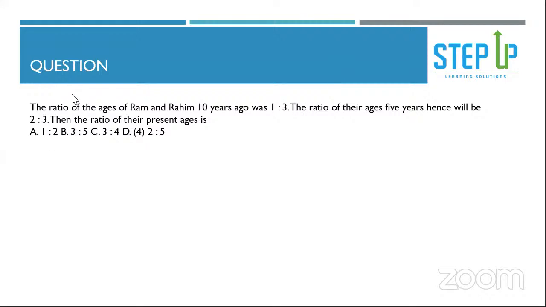So this question can be done in two ways. The ratio of the ages of Ram and Rahim 10 years ago was 1:3. So 10 years ago, X and 3X. It means that the present ages will be X plus 10 and 3X plus 10.